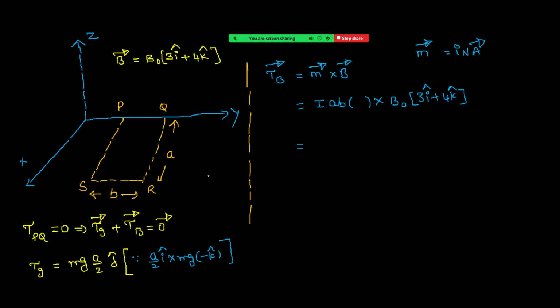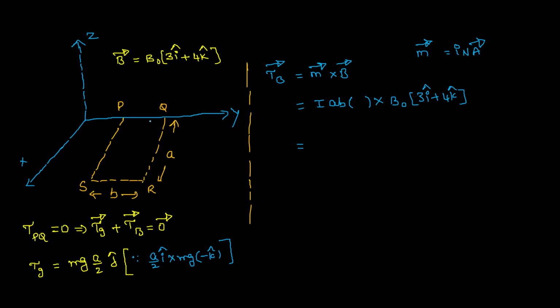One thing we can guess here: current is either clockwise when we see from top. If it is clockwise, curl the fingers of the right hand along the current flow, means curl fingers clockwise. Then m bar will be along the negative z direction, means minus k cap, if you are taking clockwise.